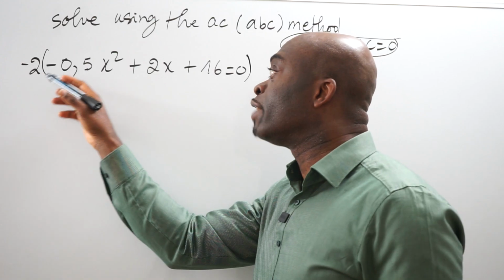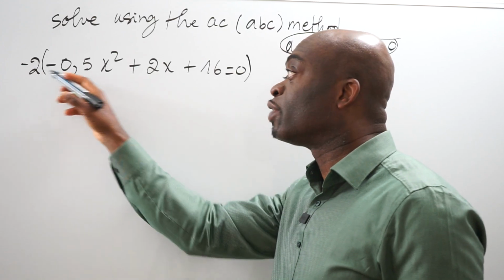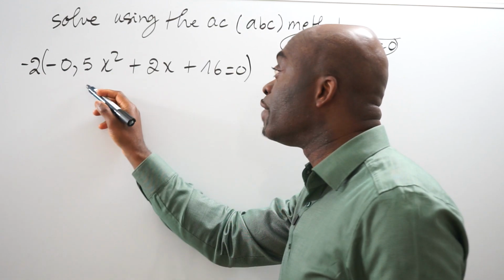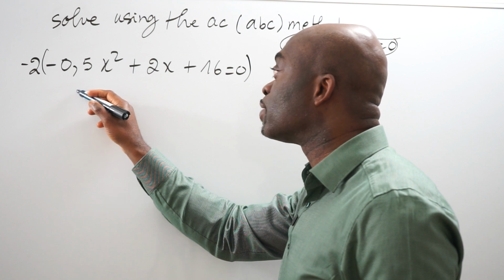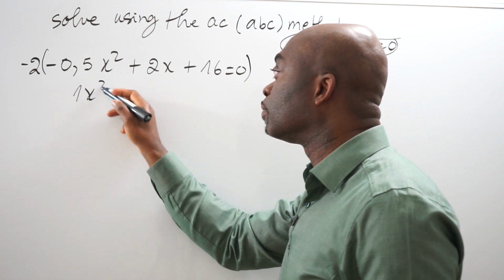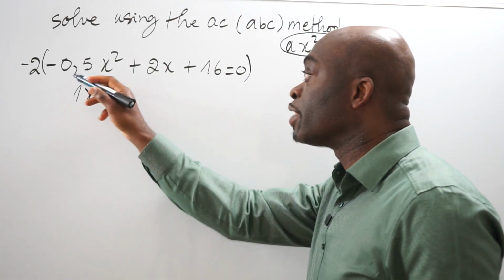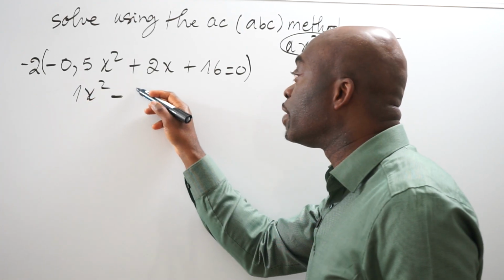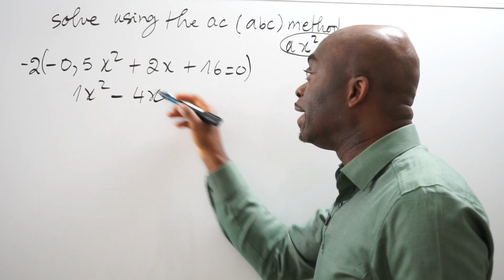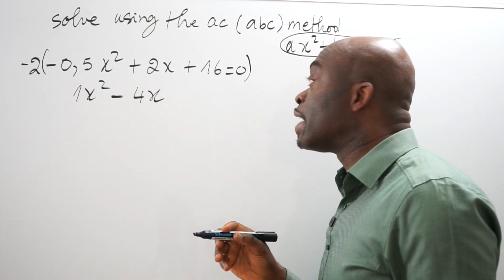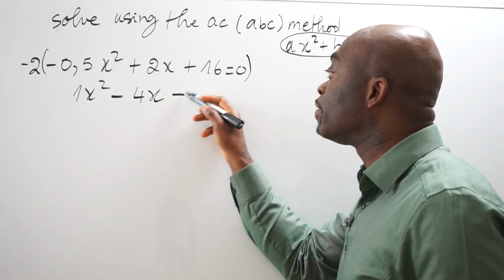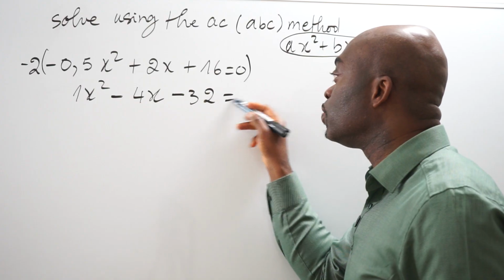So negative 2 times negative 0.5, negative times negative is positive, so it's going to give us 1x to the second power, positive. And then negative 2 times positive 2 is going to give us negative 4x. And negative 2 times positive 16 is going to give us negative 32. And that is equal to 0.